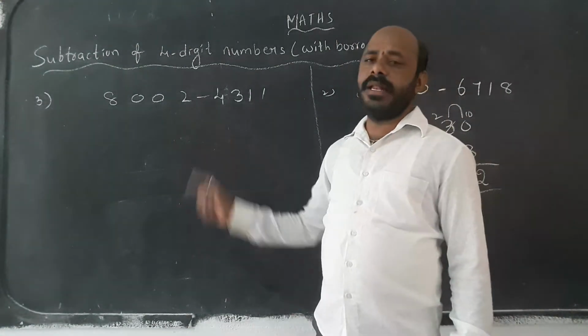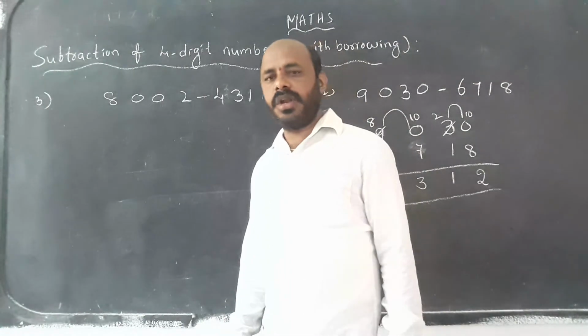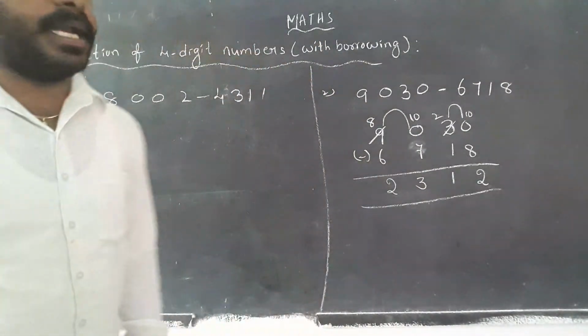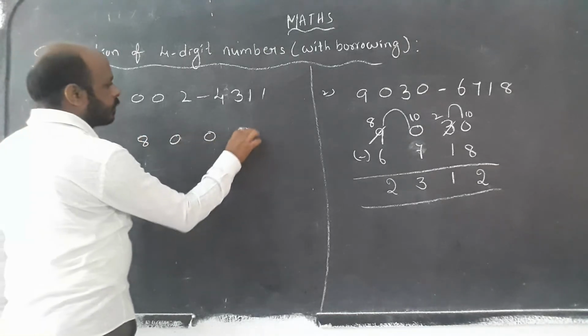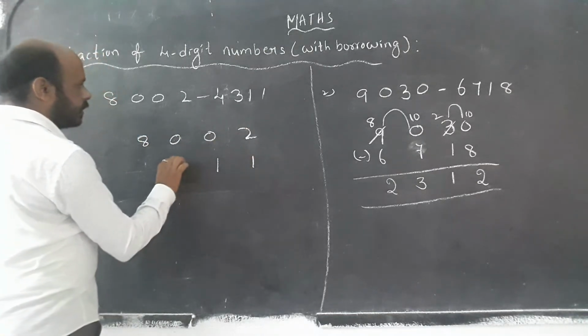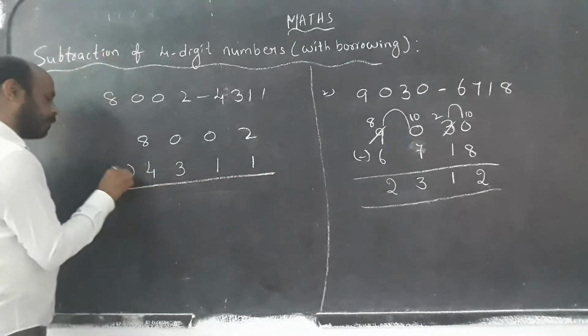This is given in the horizontal method. Now we can convert it into the column method, or vertical method. Then 8002, and then 1, 1, 3 and 4, we have to do the subtraction.